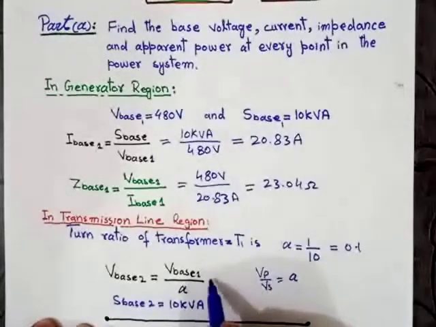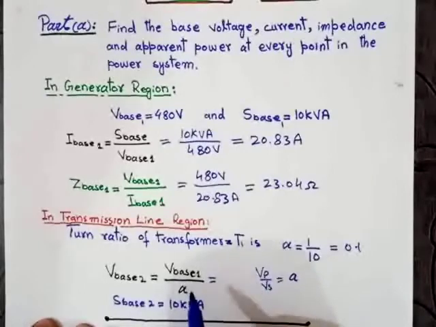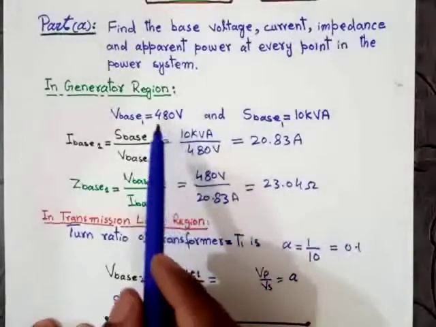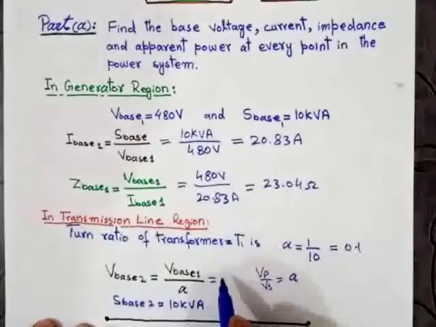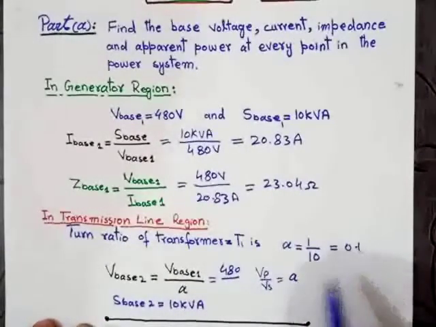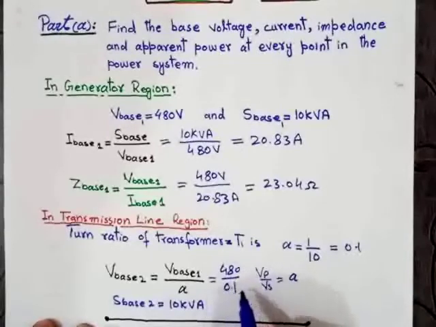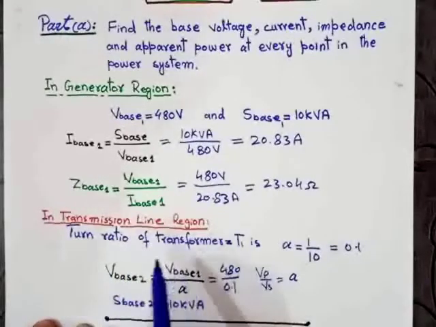Putting the value of V base 1, which is given here as 480 volt, and the value of A is 0.1. After solving this equation, we get the base value V base 2 in the transmission line region.